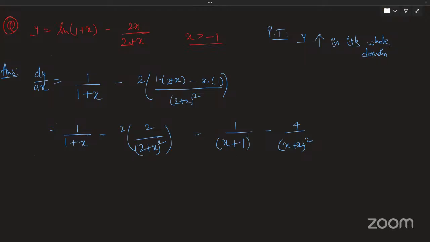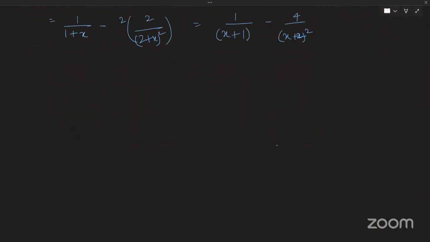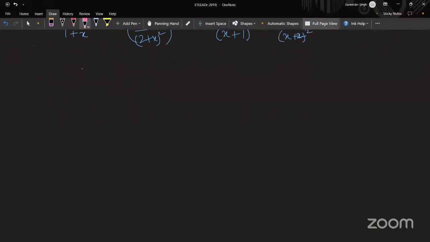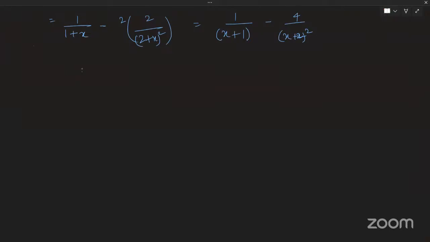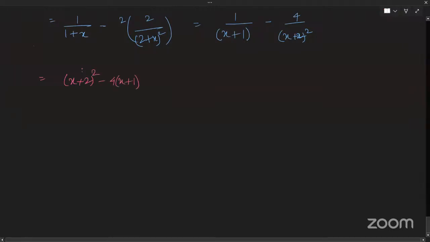Can you think? So obviously my tactic would be to somewhere get into the wavy-curvy method. So for that, I will need a common denominator and a common numerator. So what I'll do is I'll send this thing up. So it will be x plus 2 whole square minus 4 times of x plus 1, whole divided by x plus 1 into x plus 2 whole square. Okay.